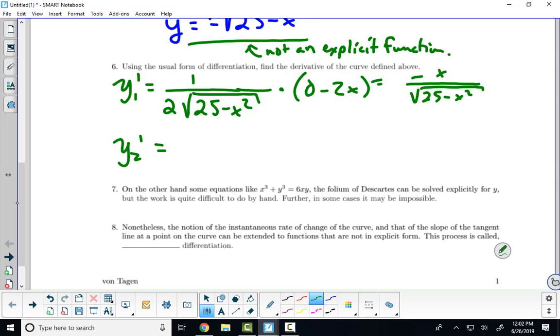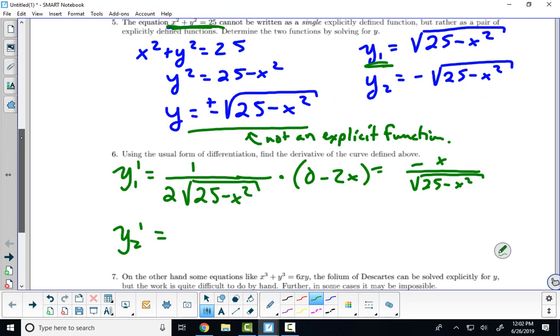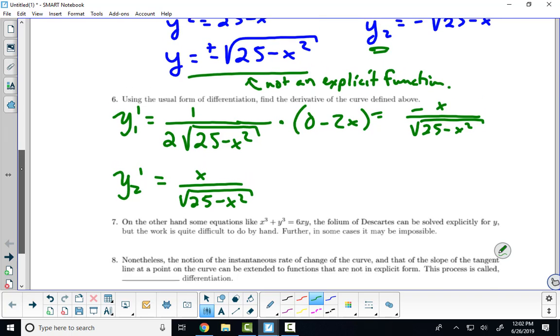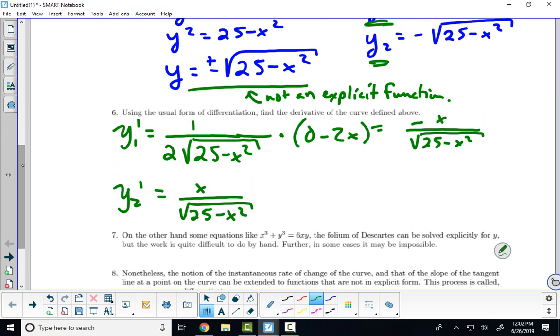And when we take the derivative of y2, we would just get positive x over the square root of 25 minus x squared. How come positive? Because we had a negative in the original function, and then when we did the chain rule, we introduced another negative, and the two would cancel out. Any questions on that, folks?